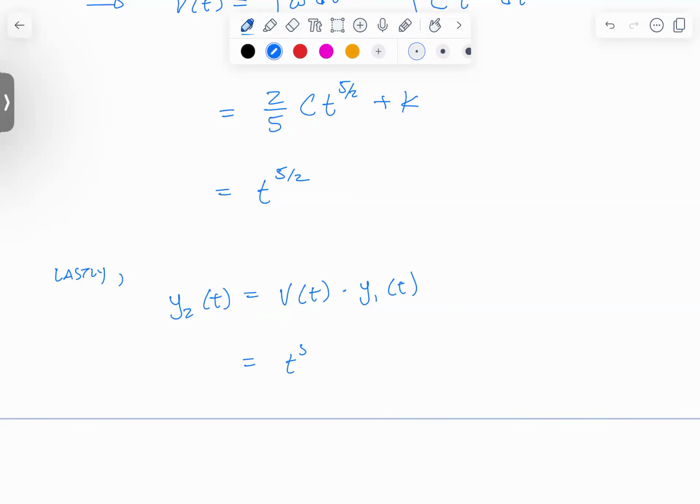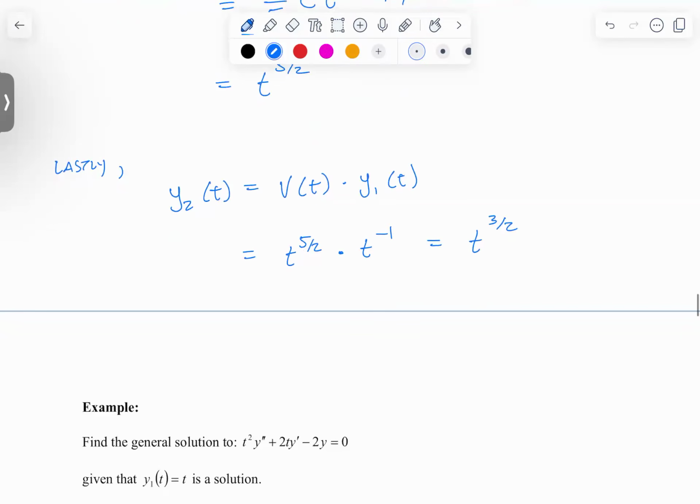v of t is now t to the 5 halves, and y1 was t to the -1, which means y2 is t to the 3 halves. Finally, y of t equals C1 t to the -1, that was literally given to us from the beginning, plus C2 t to the 3 halves.